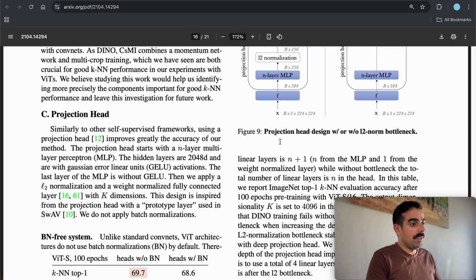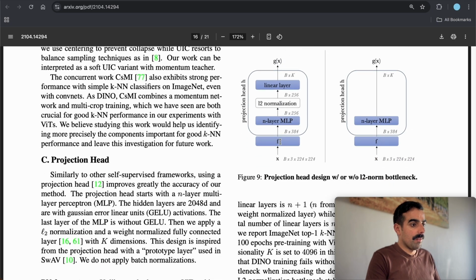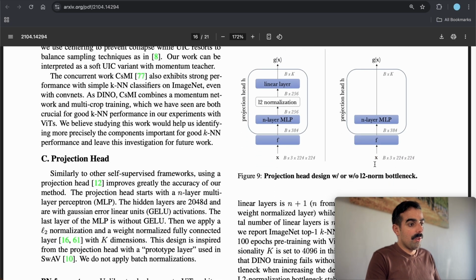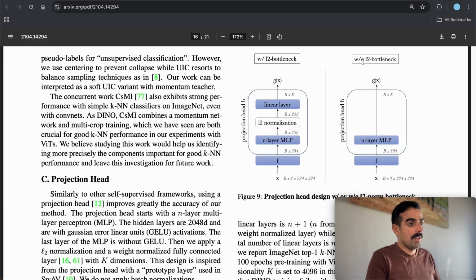Also, for the design of the projection head, this is the previous design without the L2 bottleneck, so it's only an N-layer MLP. This is the same projection head we saw in SimCLR, SwAV and BYOL. And this is the projection head they proposed in this paper.